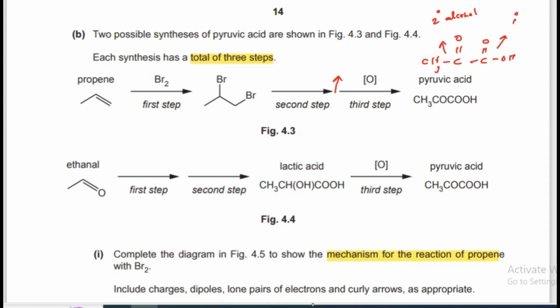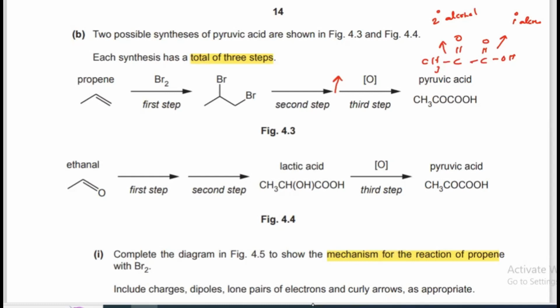carboxylic acid is formed from a 1-degree alcohol, because there's oxidation. So as a result of oxidation, you're getting the ketone and carboxylic acid. The ketone can be obtained by oxidizing the secondary alcohol, and the carboxylic acid can be obtained by oxidizing the primary alcohol.